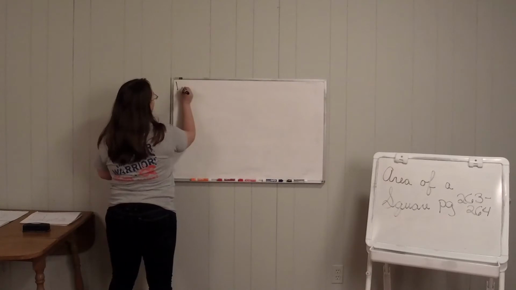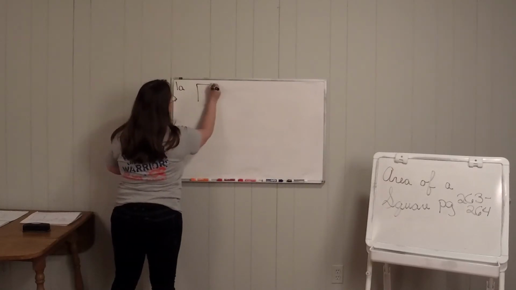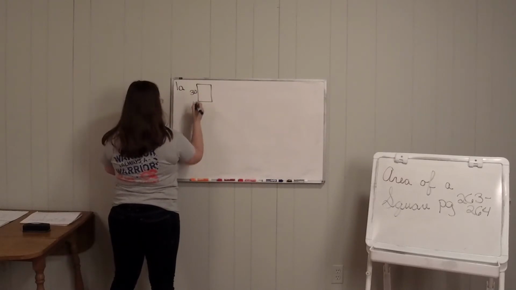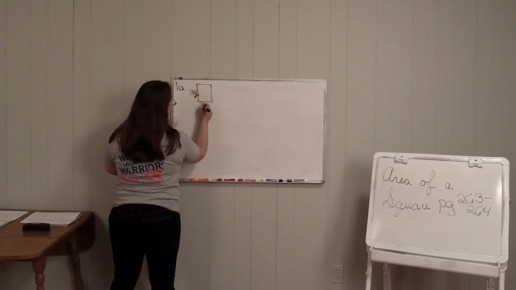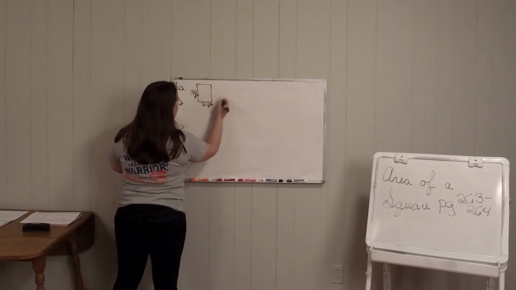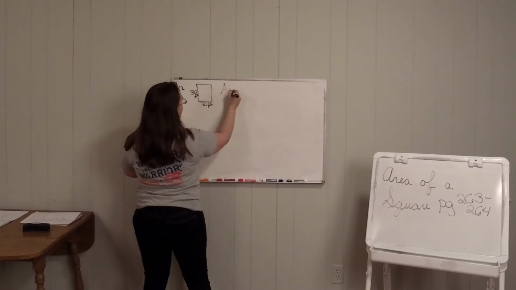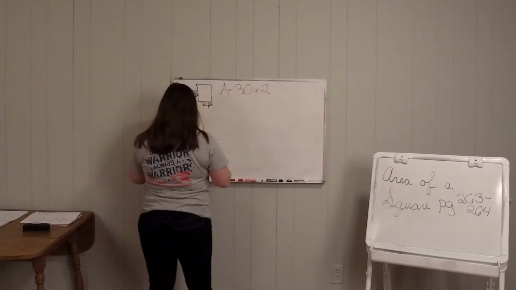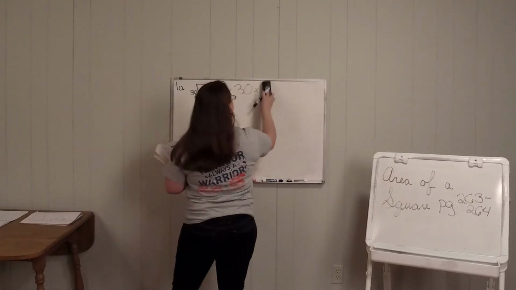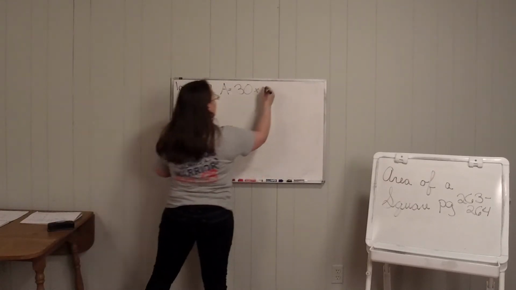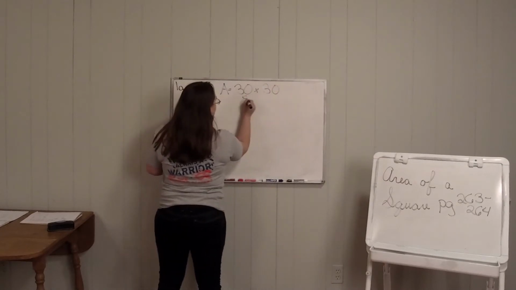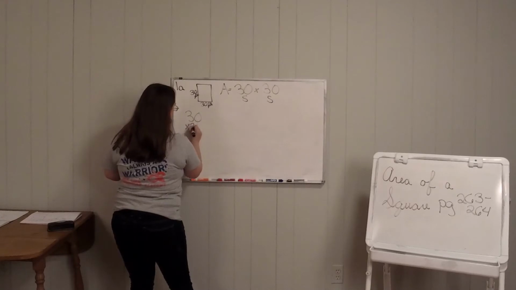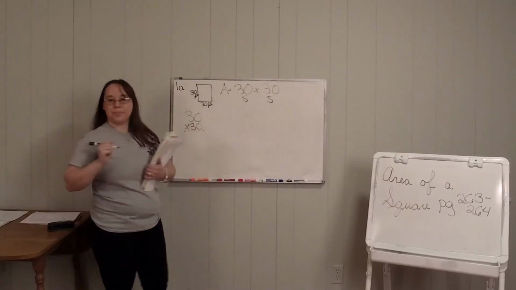So for 1A, if he has a yard that is a square and it's 30 feet on each side, you're going to take your area formula and say 30 times 30. Side times side.